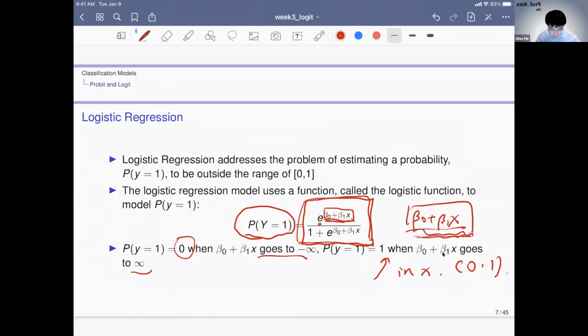And then you may wonder, why do we have this functional form? Because to transform something into a value between 0 and 1, there are many ways, right? Why do we choose this specific function with the natural exponential?